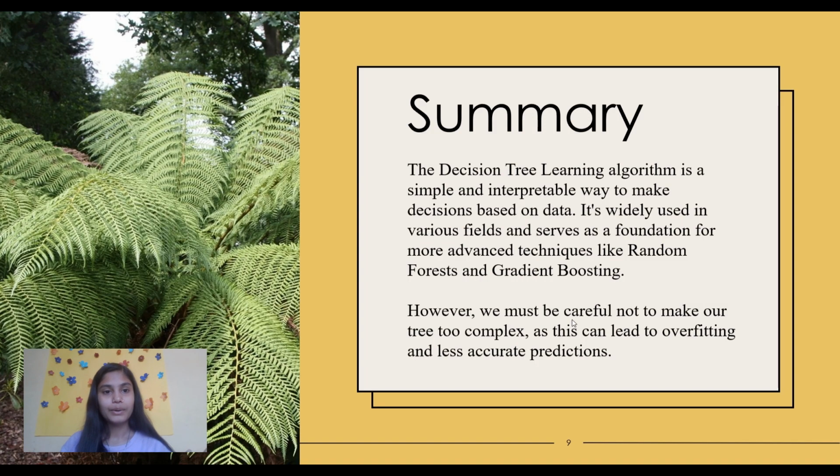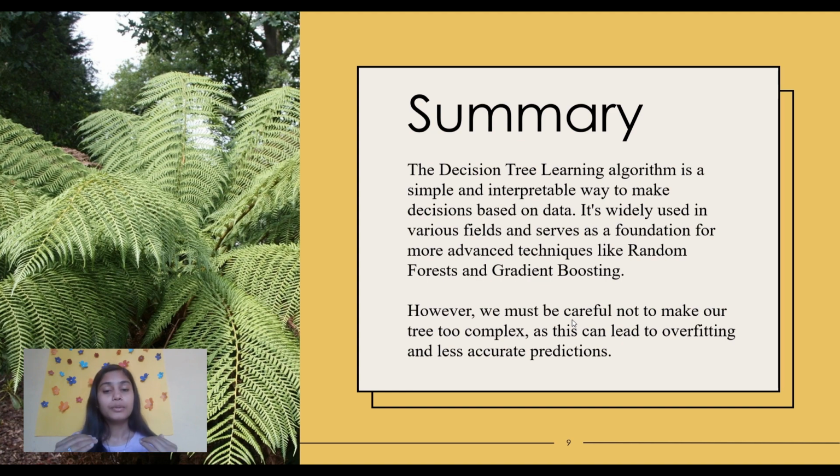Okay. Now, let's see the summary. The decision tree learning algorithm is a simple and interpretable way to make decisions based on data. It's widely used in various fields and serves as a foundation for more advanced techniques like random forest and gradient boosting. However, we must be careful not to make our tree too complex, as this can lead to overfitting and less accurate predictions.